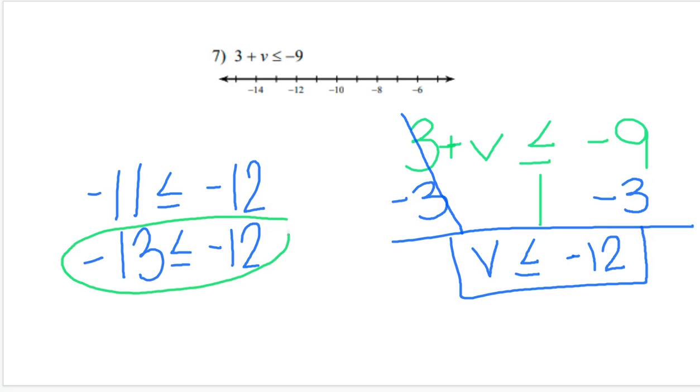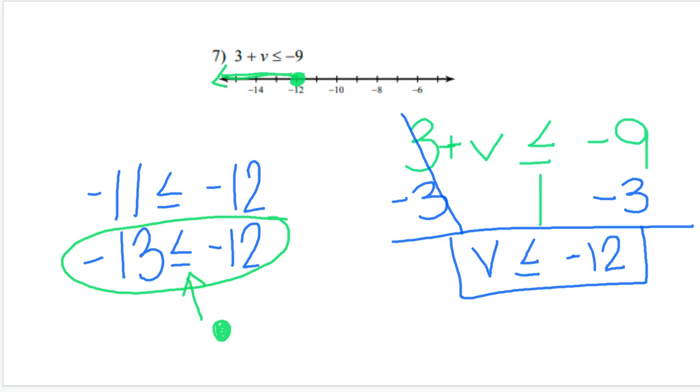So negative 13 would be less than or equal to. So because it includes the number, it's going to be a closed circle. I'm going to put a closed circle on negative 12 and shade to the left. Remember, with inequalities, that circle is very important.